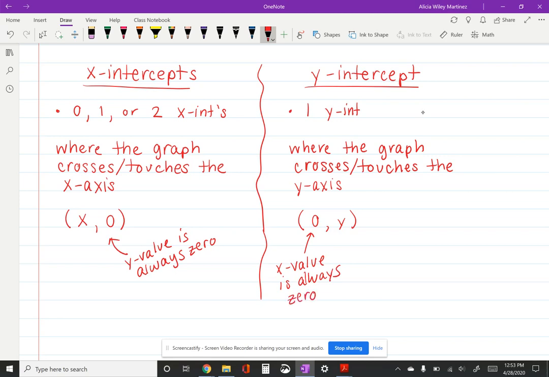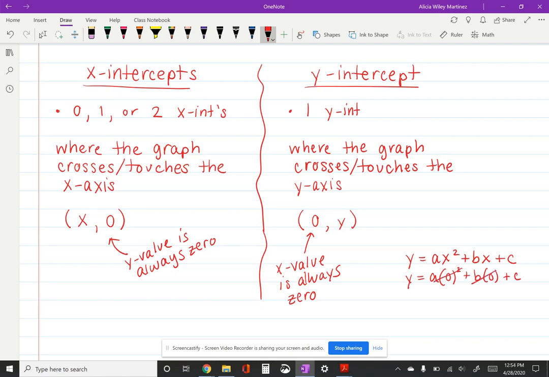Now, to relate that to the form that I wrote up above, y equals ax squared plus bx plus c, imagine if you plugged in 0 or evaluated the function when x is 0. Well, 0 times anything is going to cancel that out.